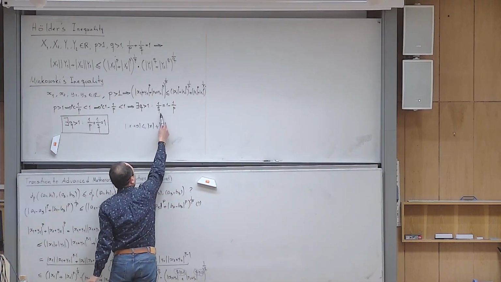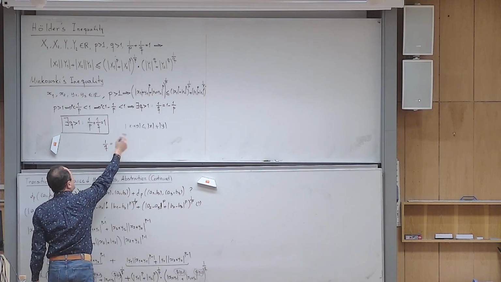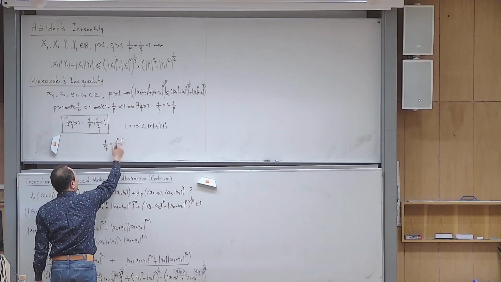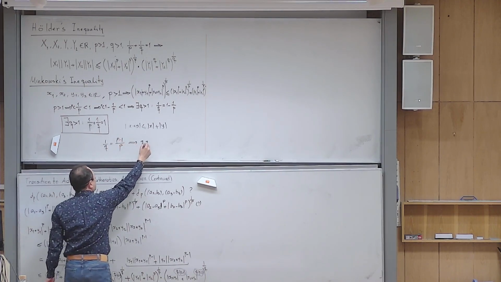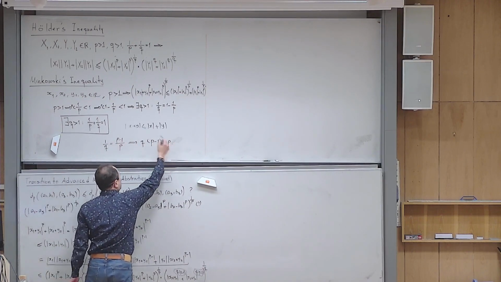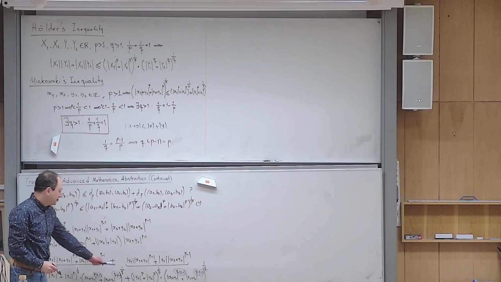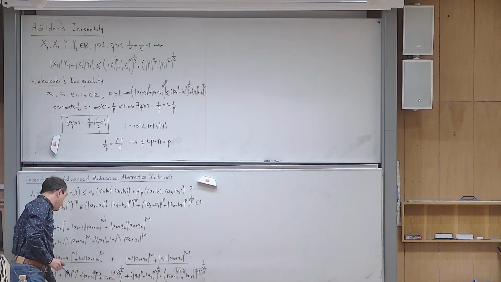For example, here, let me take the common denominator there, so 1 over Q is equal to P minus 1 over P. And then this times that is exactly the combination that I need, equal to this times that. So this weird thing is just P. Yes? So I can just replace that with P.